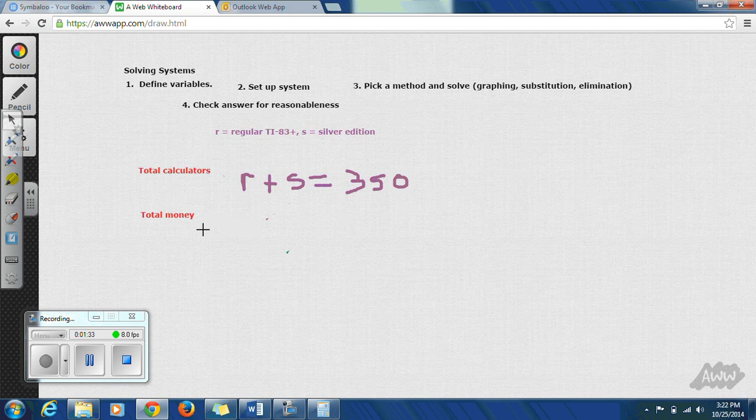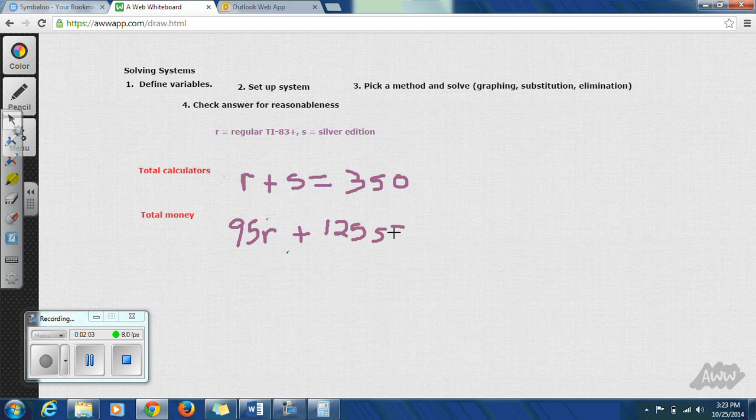Next, I also said some things about the value of those calculators and the total money that was spent. It shows that a regular calculator costs $95. So for every R, I will multiply it by 95. And every S should be multiplied by 125, because that's how much each silver edition calculator costs.